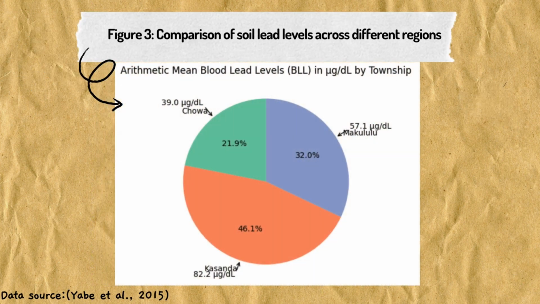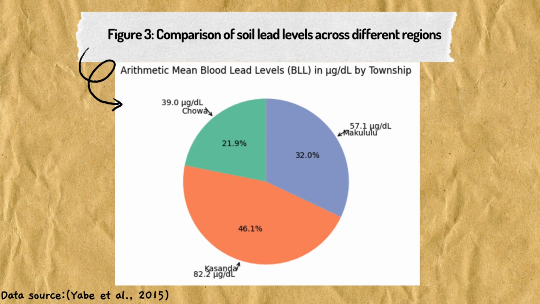Next, this pie chart displays the arithmetic mean blood lead levels in micrograms per deciliter for three townships in Kabwe, Zambia. It shows the proportion of total blood lead level contributed by each township.